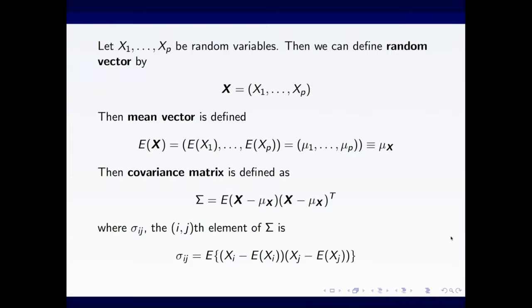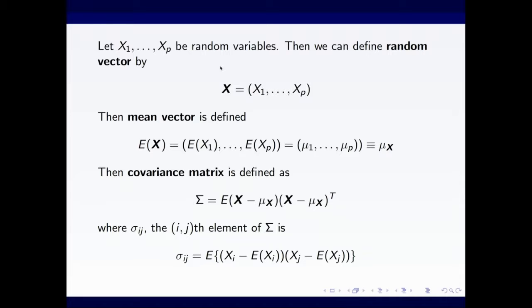It can also cover the simple correlation case, which is the situation when we have two variables. So let x1 to xp be random variables. There's no assumption on these random variables. They don't have to be IID. They don't have to be independent. We just assume that they are random variables.